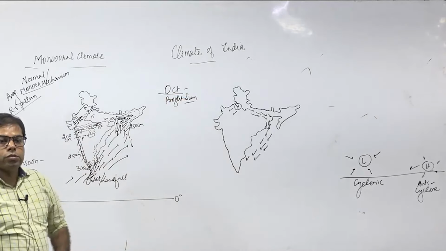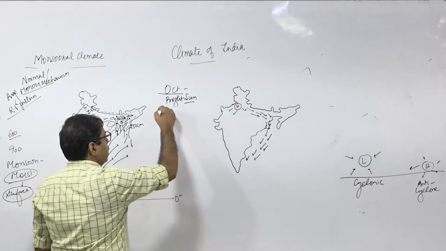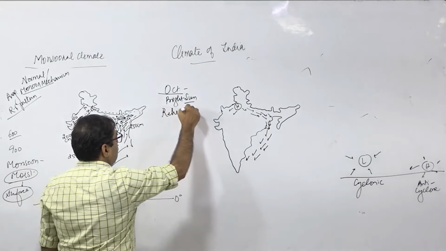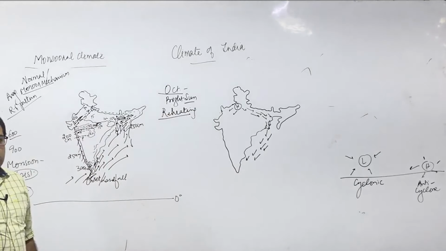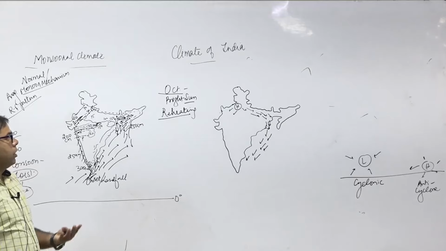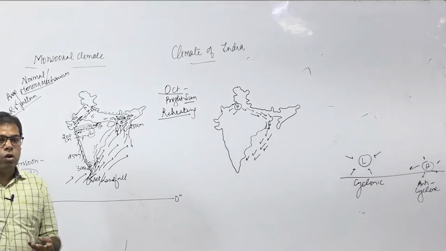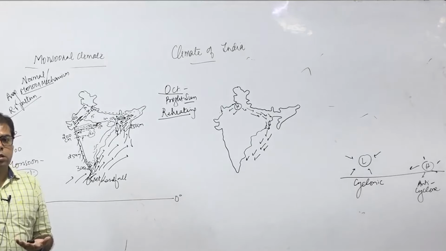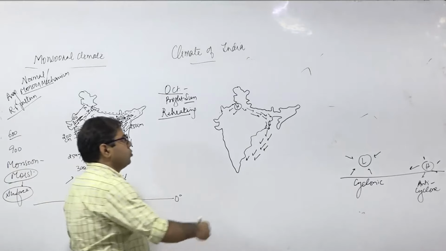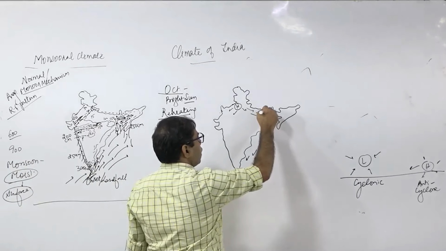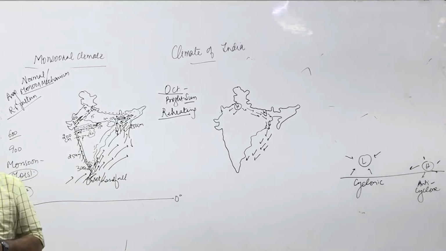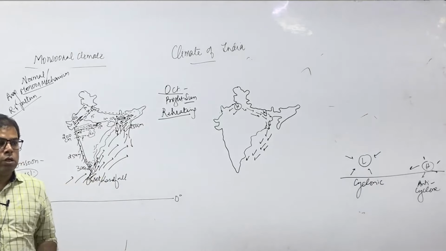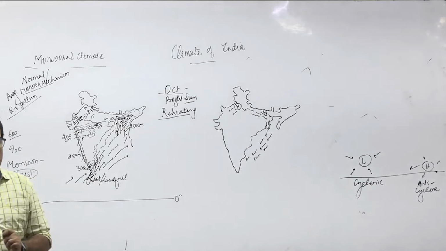So that period is called reheating of northern part of India. So reheating of northern part of India is responsible for developing the warm air mass. So this actually is a warm air. It is not excessively warm, it is relatively warm, and also not cool.